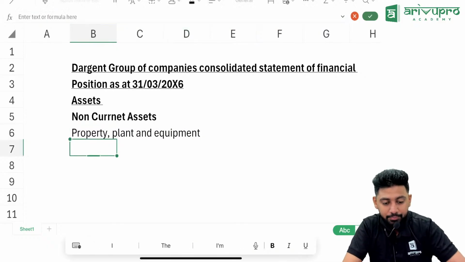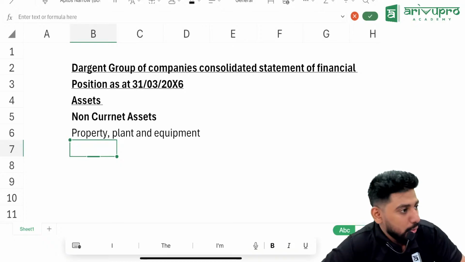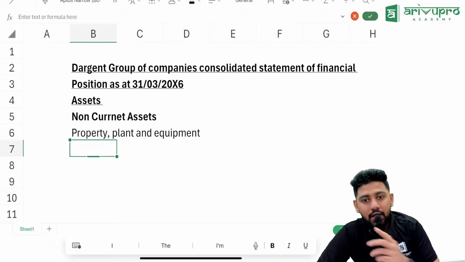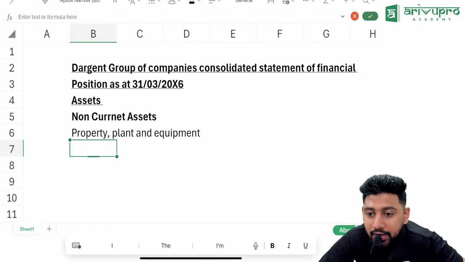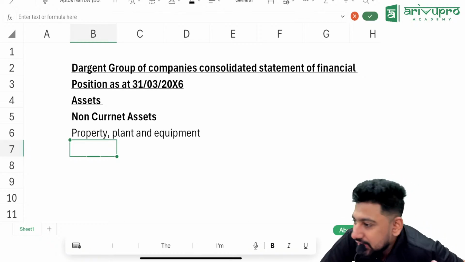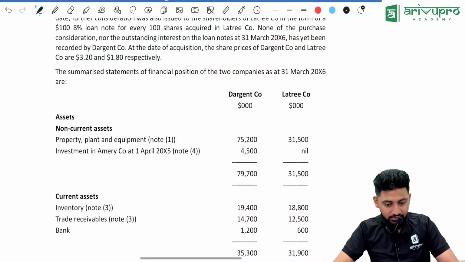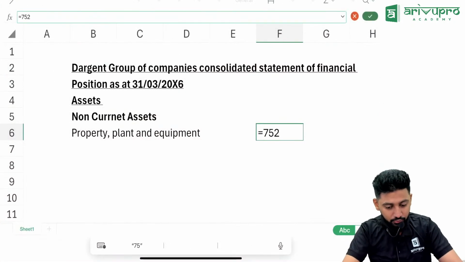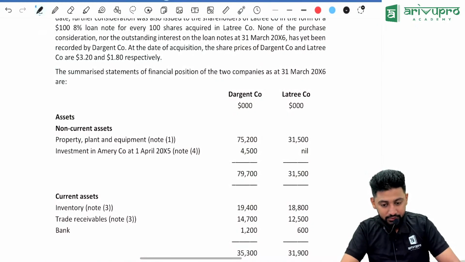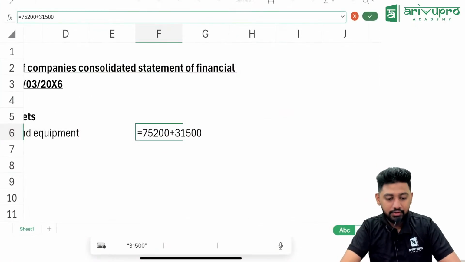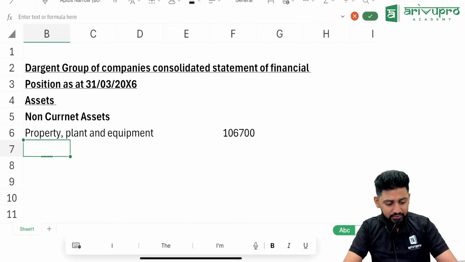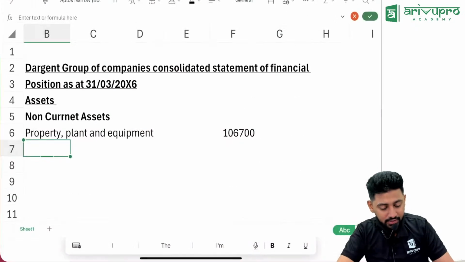You have the option of copy pasting. Now we are going to do line by line addition, where we add the assets and liabilities of the parent and subsidiary. So property, plant and equipment: 75,200 plus 31,500. Done.